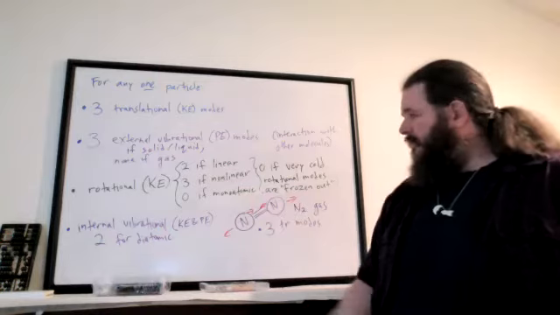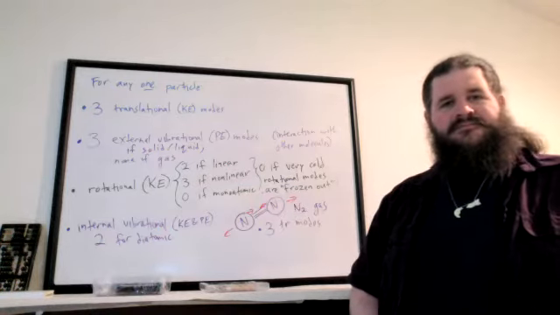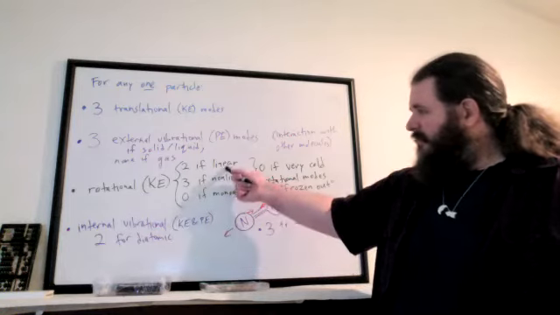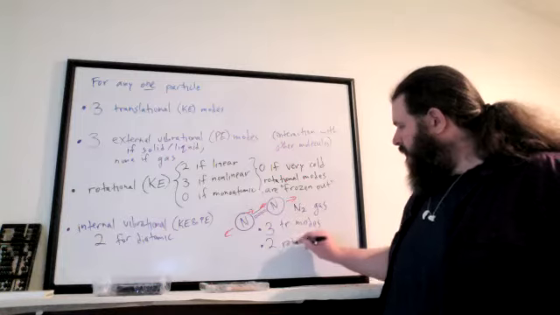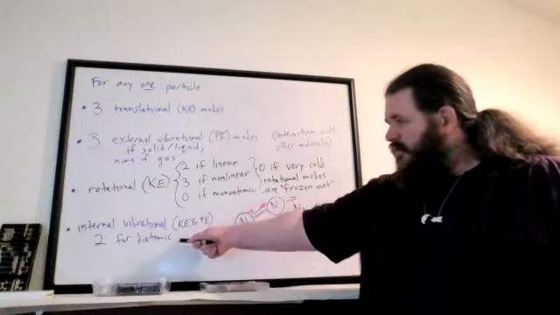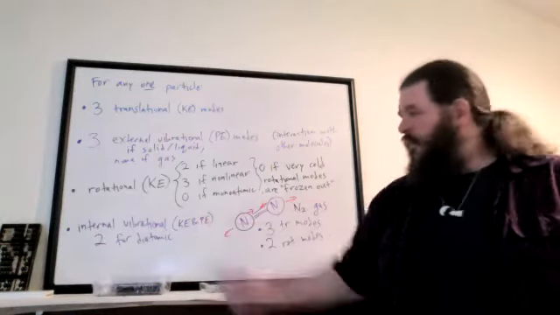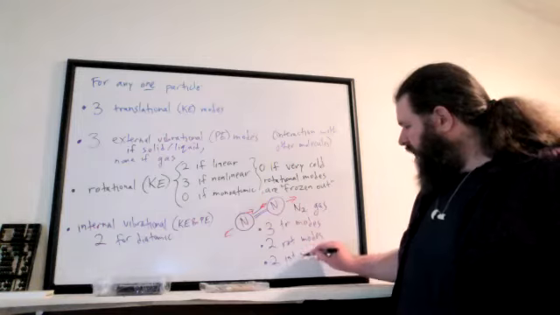Rotational modes, how many would we expect? Yeah, it's linear in shape. It's got that linear symmetry. So we have 2 rotational modes. And as we just saw, we should expect 2 internal vibrational modes as well. 1 kinetic and 1 potential. 2 internal vibrational modes.